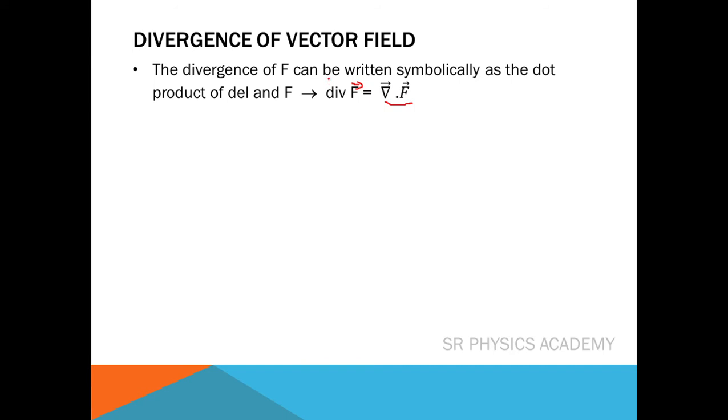So the divergence of a vector quantity indicates how much the vector quantity spreads out from a certain point. We will discuss that one by one.